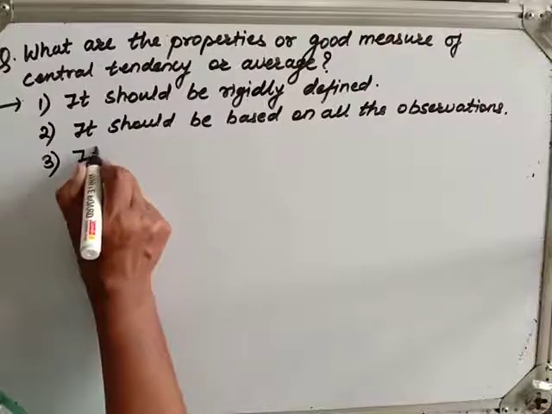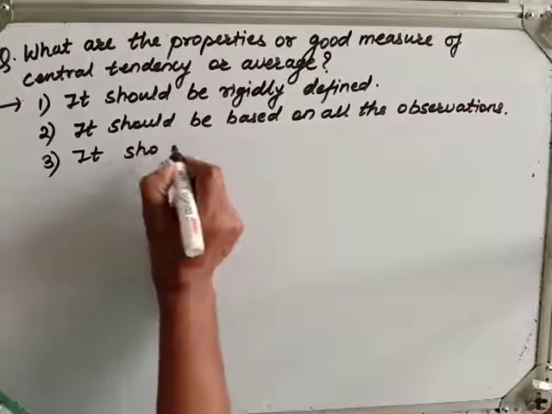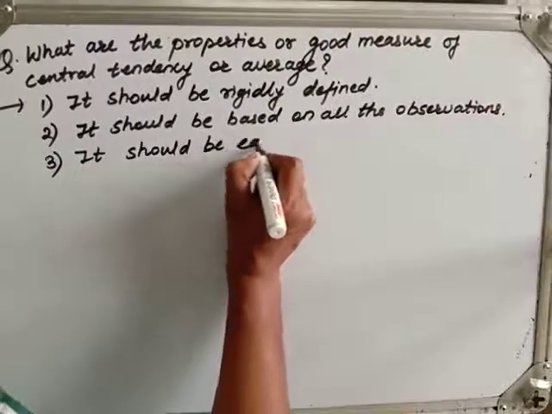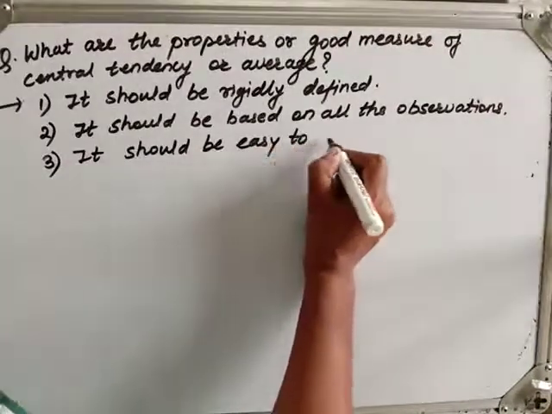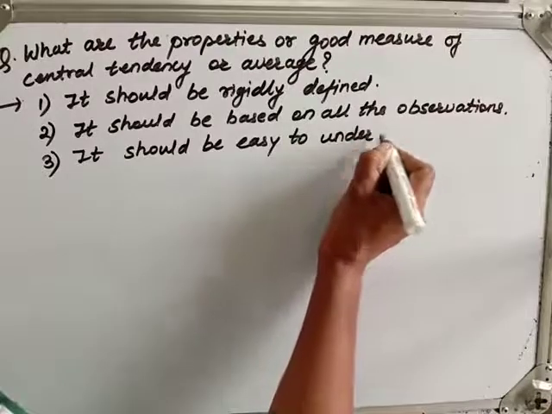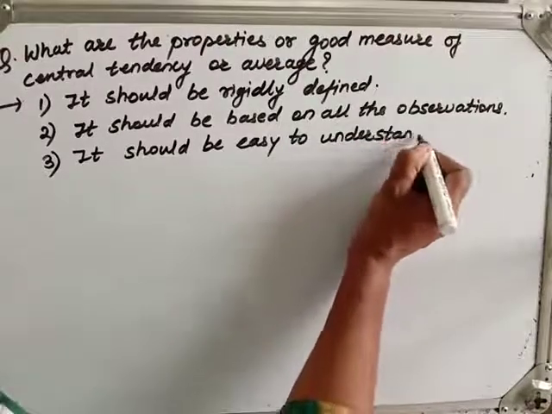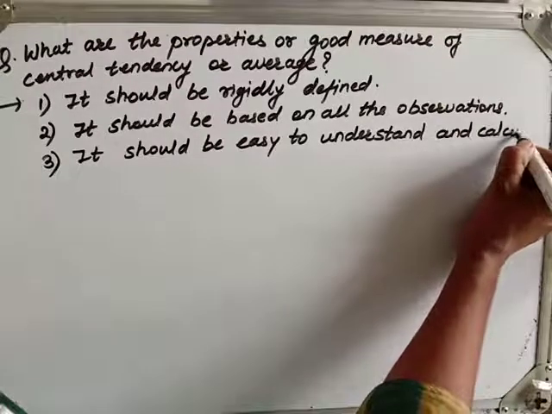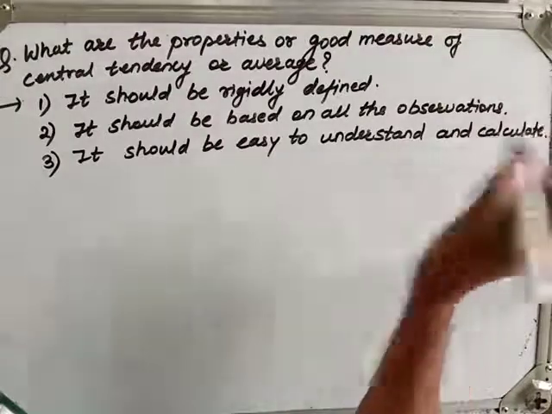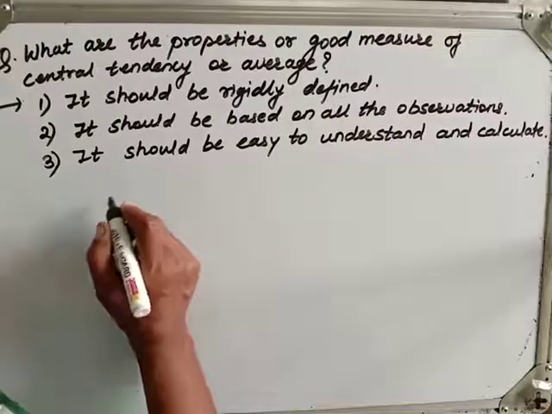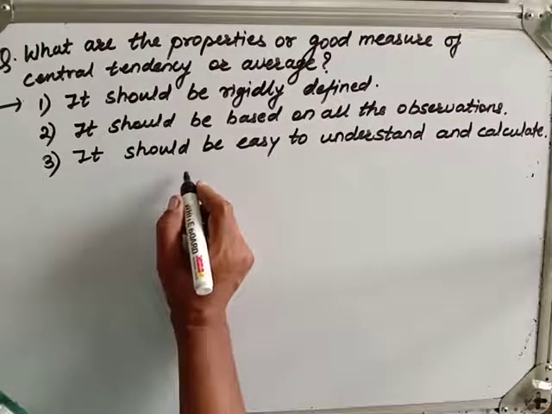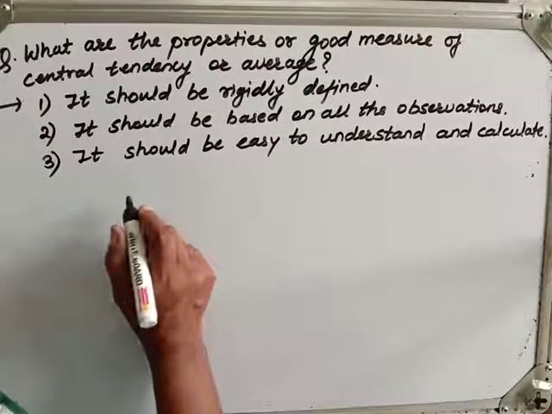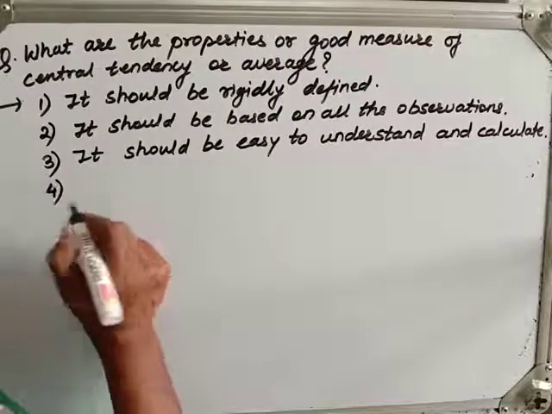Then next is that it should be easy to understand and calculate. It should not be complex. Every common man should be able to understand it easily and calculate it easily, so that it helps them.